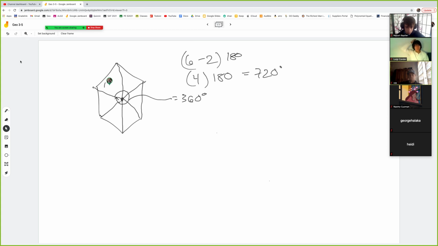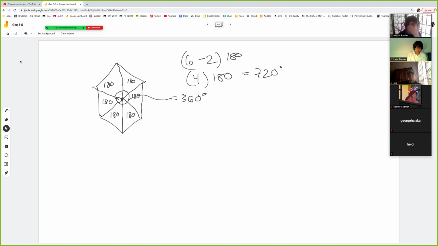So we say 180, 180, 180, 180, 180, 180, right? Each triangle is 180 degrees. Please don't get lost here. We did this yesterday. Each triangle, the triangle angle sum theorem says all the angles of a triangle equal 180. So we have 180 for each triangle, right?